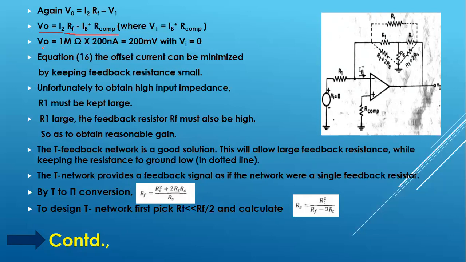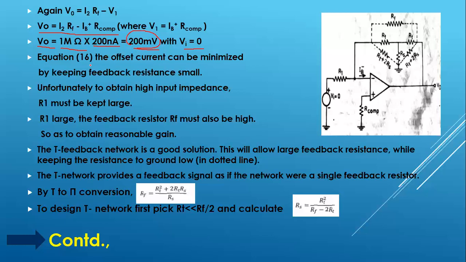So here, if you assume the input offset current to be 200 nanoamps and the feedback resistance is 1 mega ohm, then you will get an output voltage of 200 millivolts with VI equal to 0. So this is the output or offset voltage due to input offset current.